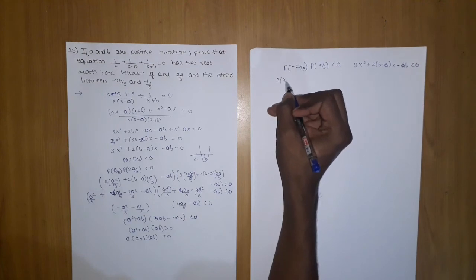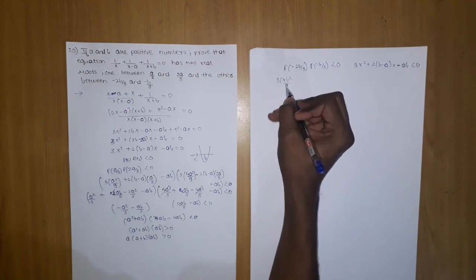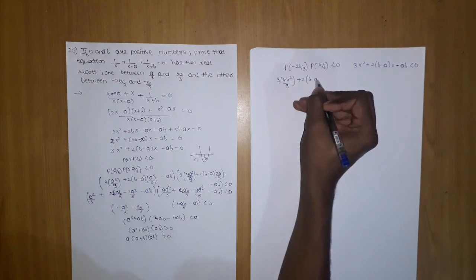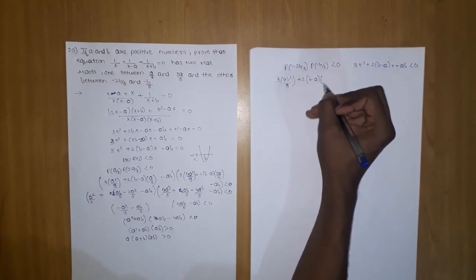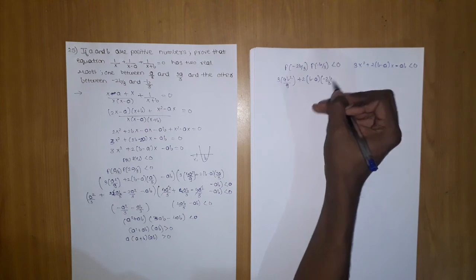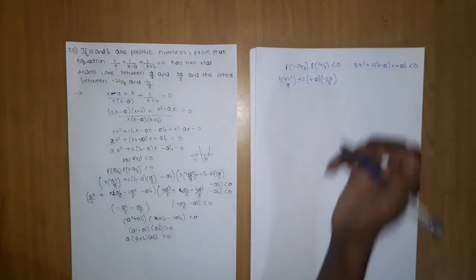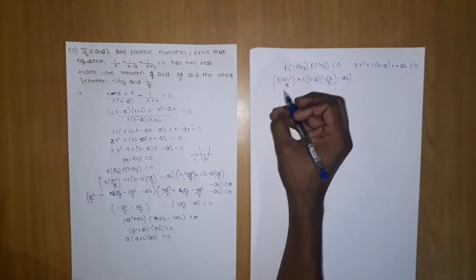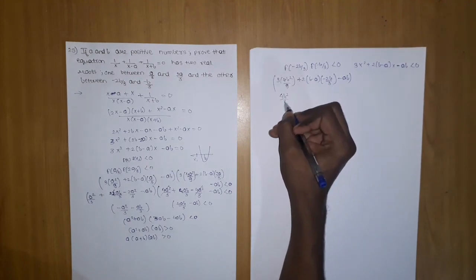We will get 4b square upon 9 plus 2 into b minus a into, this will be minus 2b by 3, minus 2b minus ab. Let's simplify this. It will become 4b square upon 3.